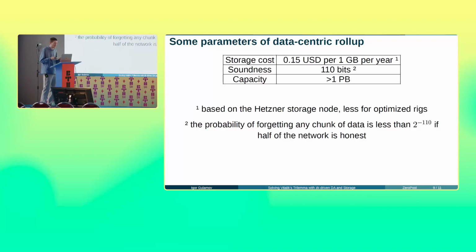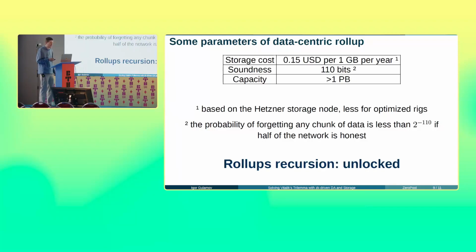That already includes the 8-times blowup. In specialized rigs for storage, the cost could be lower. And recursion is unlocked because this rollup provides data for itself. That means such a rollup could be deployed inside a rollup, and we don't need to float up any blocks, and we can build a decentralized infrastructure of rollups.